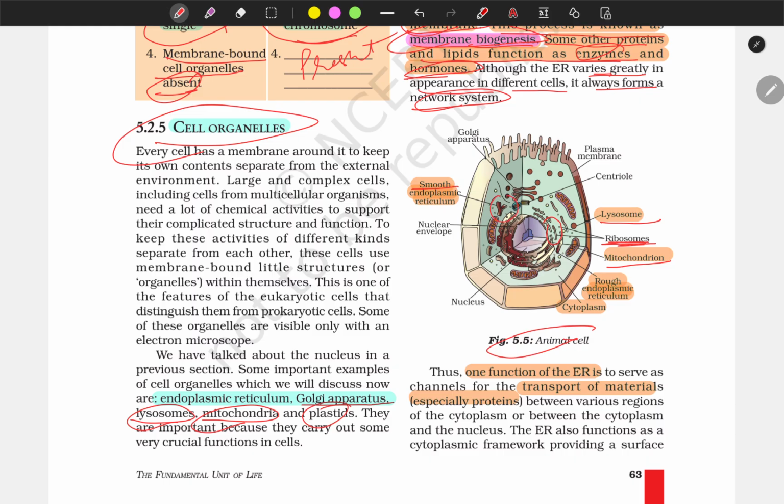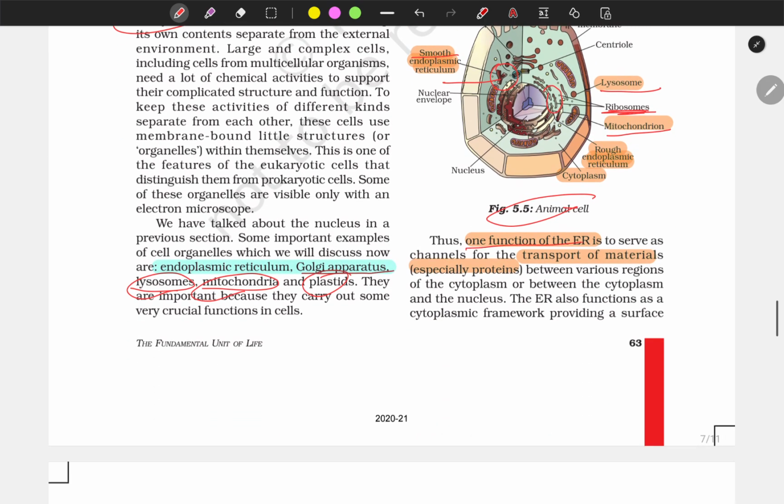Smooth is this; look at the Y shape. This is smooth, and this makes the fat molecules or lipids. One function of the ER is to serve as a channel for the transport of material, especially protein, between the various regions of the cytoplasm or between the cytoplasm and the nucleus.